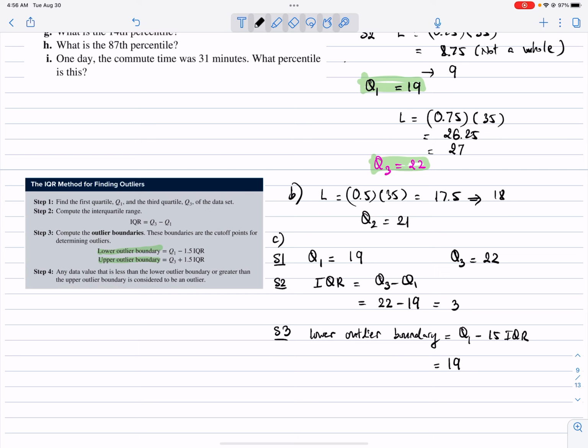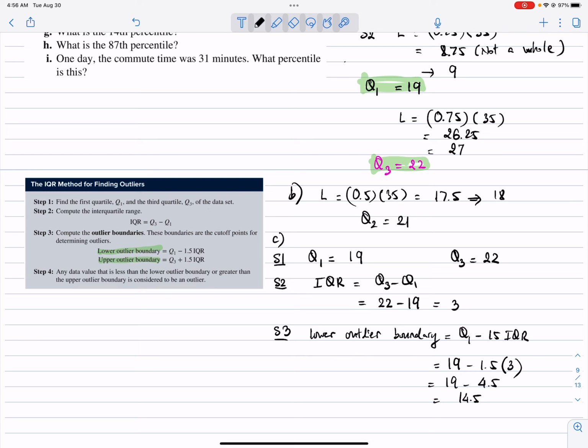Q1 is 19, 1.5 times 3. So 19 minus 4.5, and the answer is 14.5.